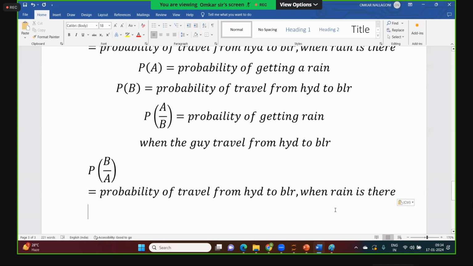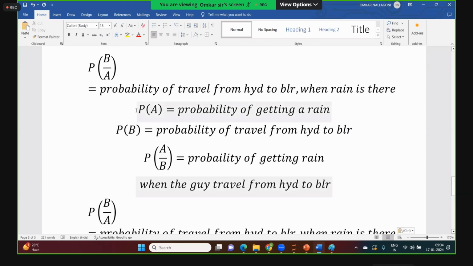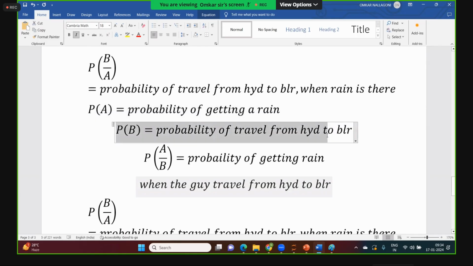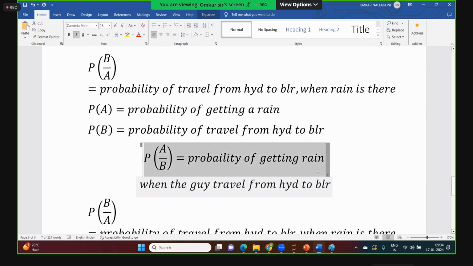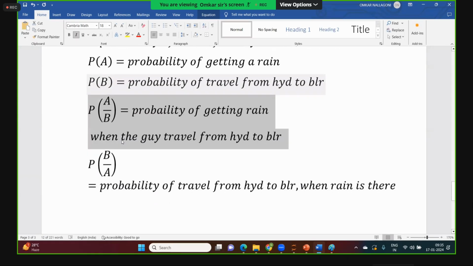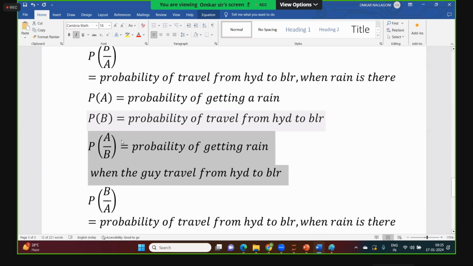So there are four probabilities. P of A is a general probability, P of B is also a general probability, and P of A by B is a conditional probability, and P of B by A also is a conditional probability.